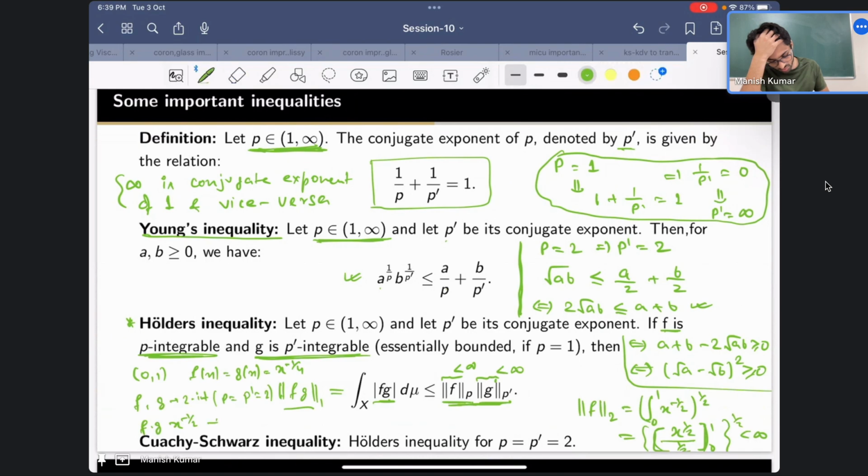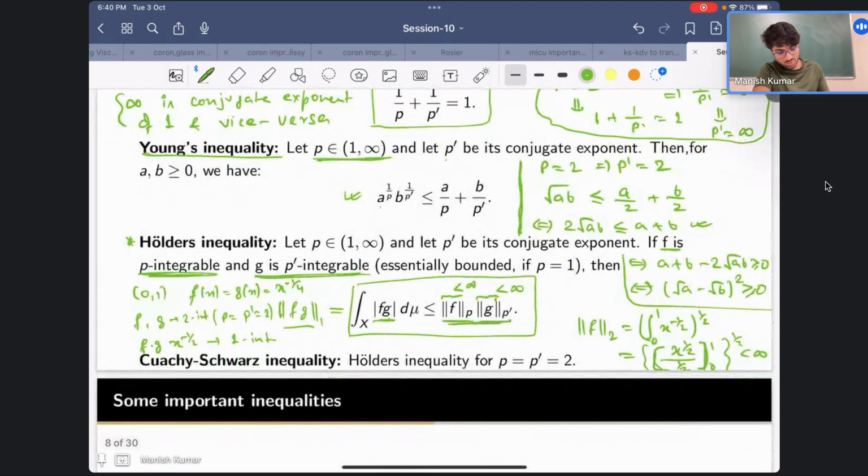These inequalities are very helpful in studying the Lp spaces. You'll see the use later on. So far, just try to remember this inequality, that the 1 norm of fg is less than or equal to the p norm of f times the p prime norm of g.